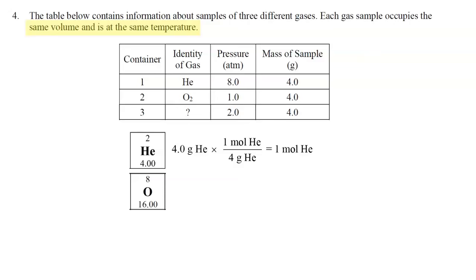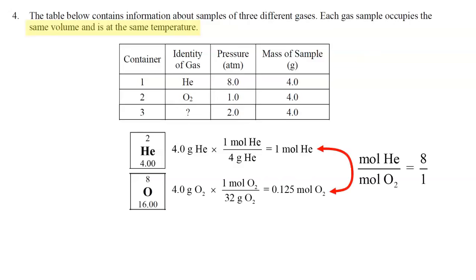And so if I have 4 grams of oxygen, O2, 4 divided by 32 gives me 0.125 moles of oxygen. Let's look at the ratio of moles. The moles of helium is 1. The moles of oxygen, O2, is 0.125. That is an 8-to-1 ratio. So if you pick up your calculator and you do 1 divided by 0.125, you get an 8-to-1 ratio in terms of moles of helium to moles of oxygen.